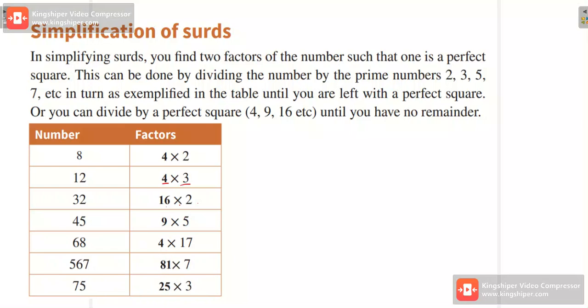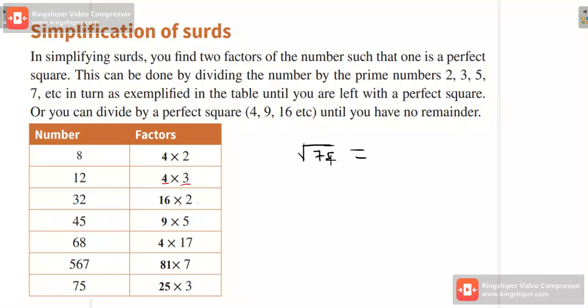So now let's see, we have root of 75 and we want to simplify this. How do we simplify it? The simplification becomes, how do we write 75 as a product of one perfect square and one prime number?